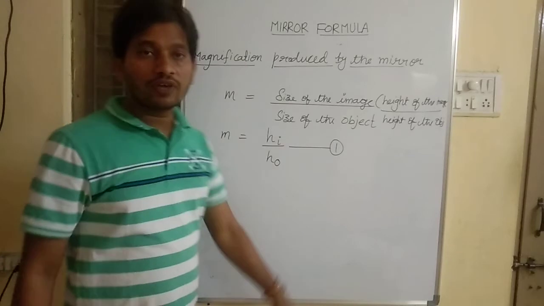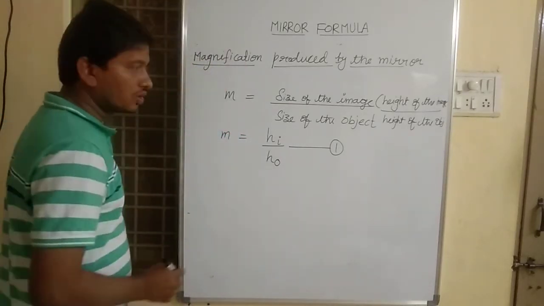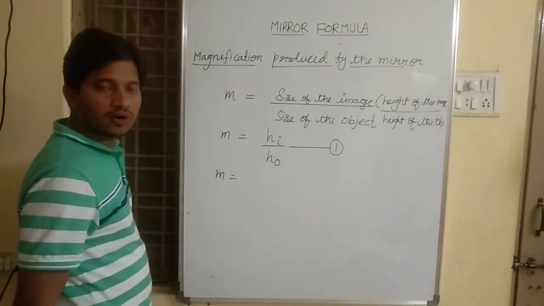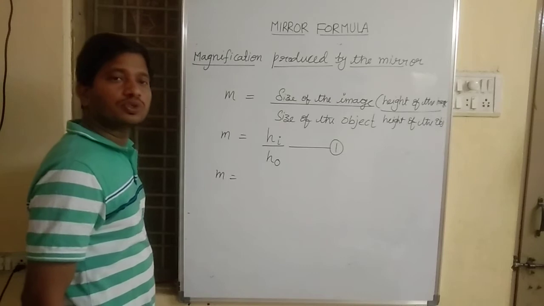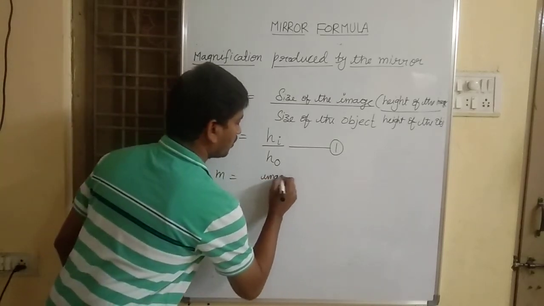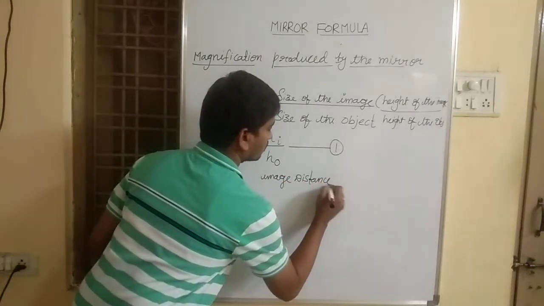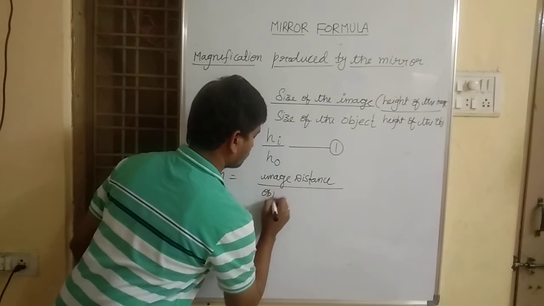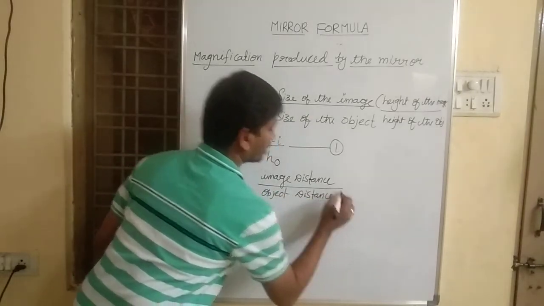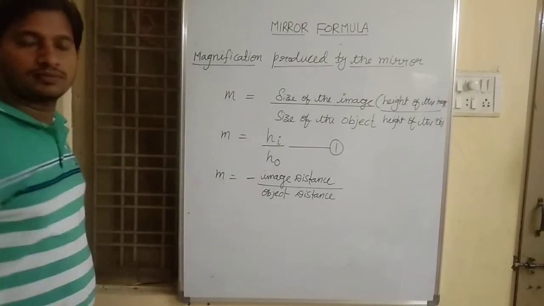So we can also define magnification as the ratio of image distance to the object distance, with a negative sign.